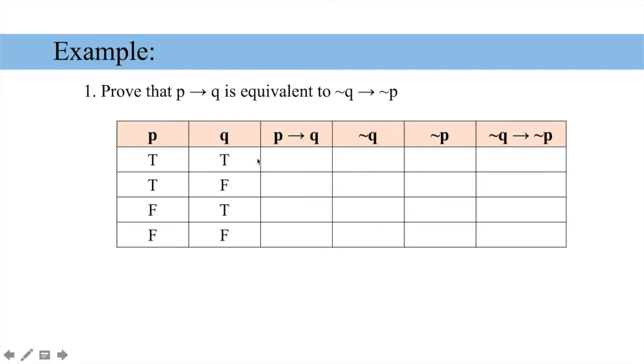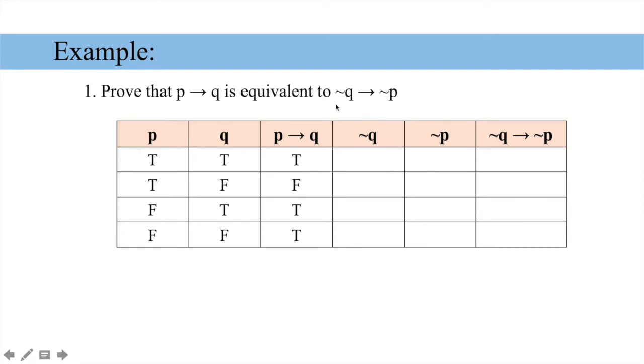Okay, P implies Q. The resulting sentence is false only if the antecedent is true and the consequent is false, which is the second row. Otherwise it is true.